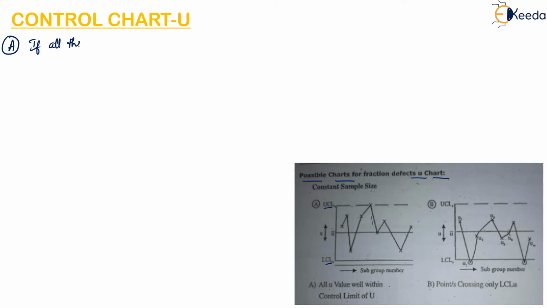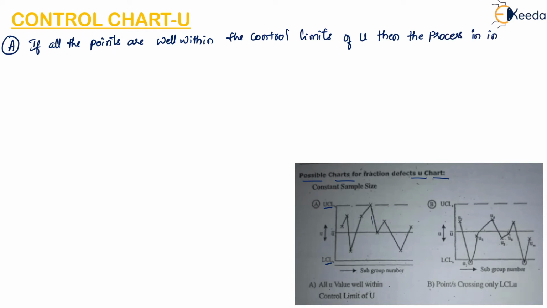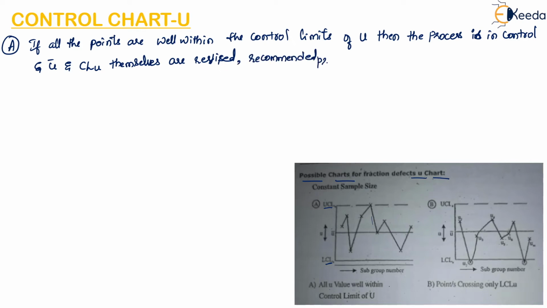So if all the points are well within the control limits of U, then the process is in control and U bar and the control limits for U themselves are revised and they are recommended for use in future.